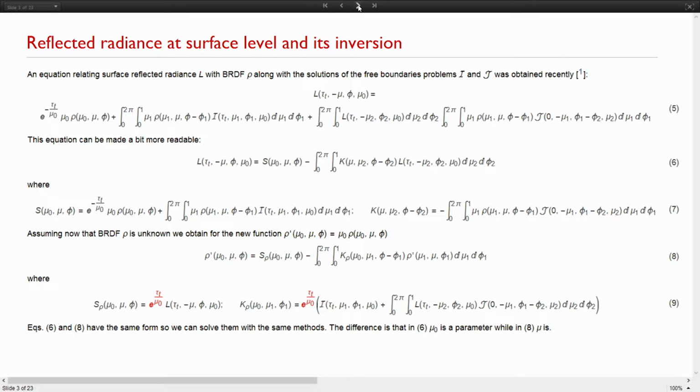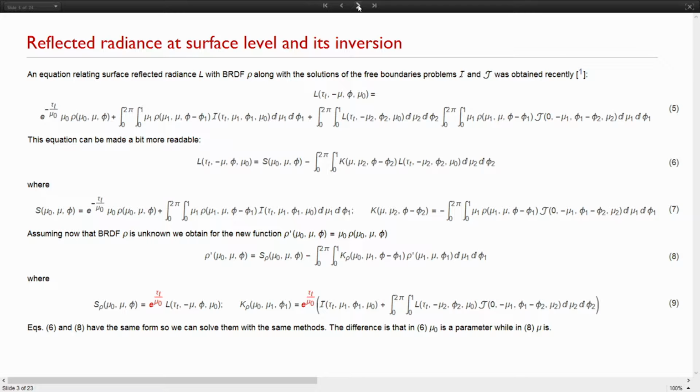Usually what people measure is radiance L at optical thickness of tau t. We can't measure surface BRDF, which is a property of the surface itself. We only can measure reflected radiance.